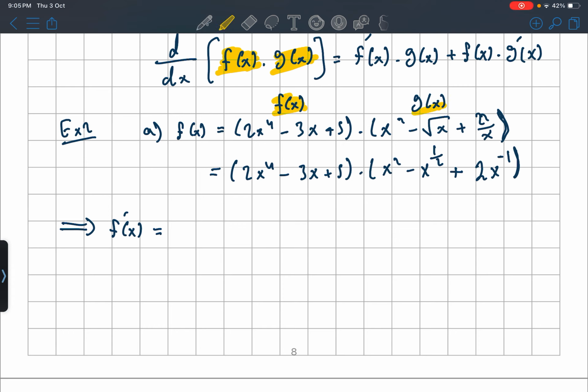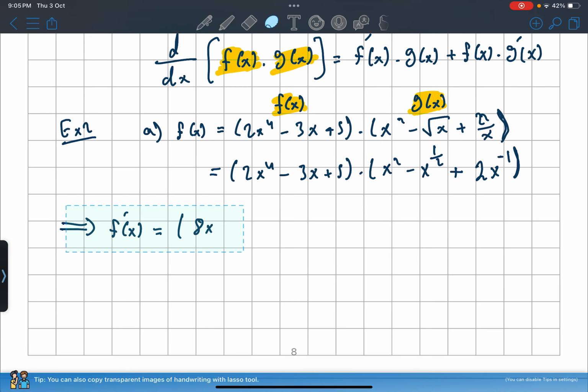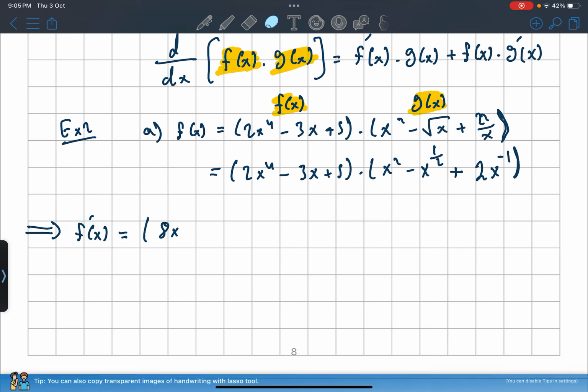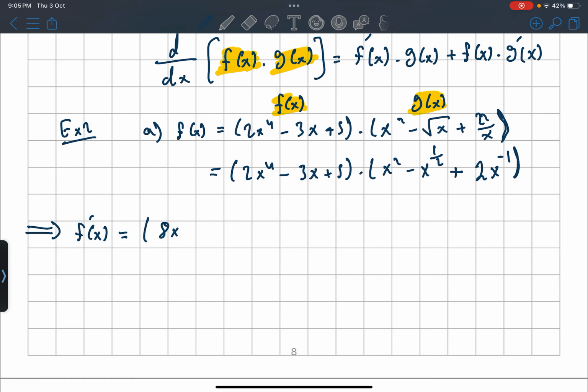So f prime x will be 8x power of 3 minus 3, and the constant will be 0, times g(x).